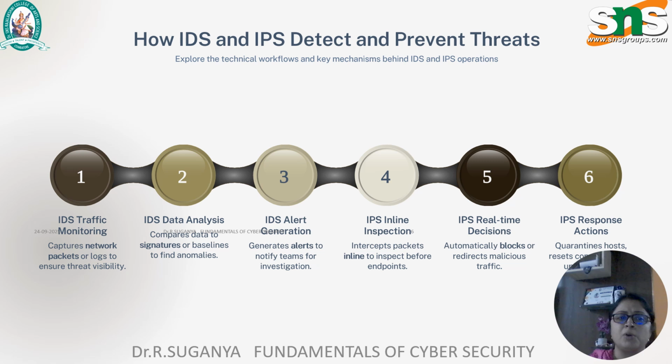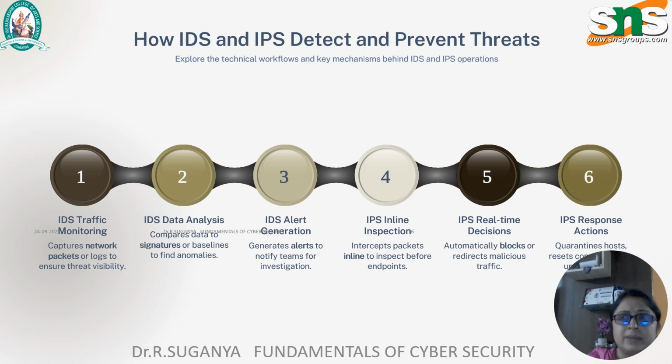In IDS traffic monitoring, the detection system mainly monitors network packets or logs, such as the login IDs and passwords of a particular network, user IDs, and logs, to ensure threat visibility. For data analysis, it compares data to signatures or baselines to find anomalies.